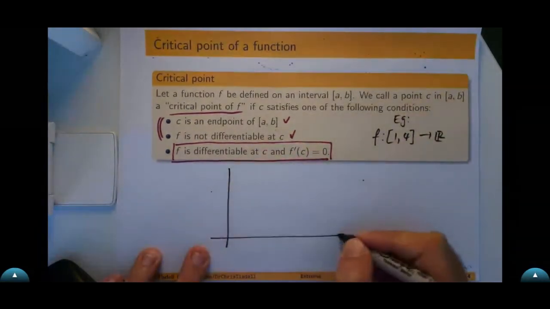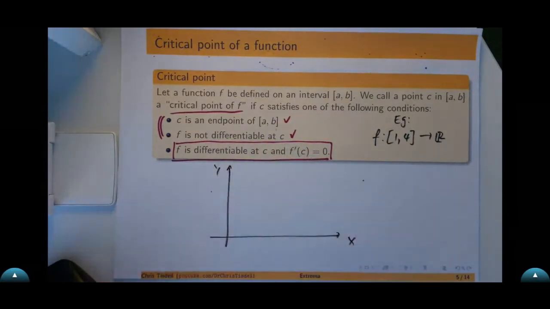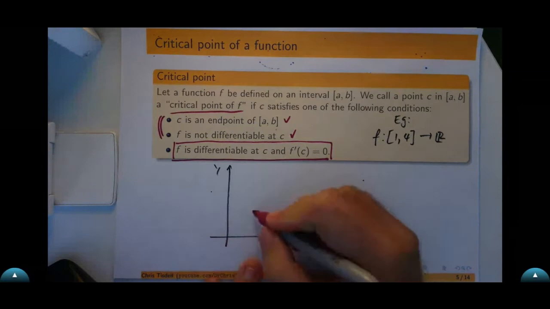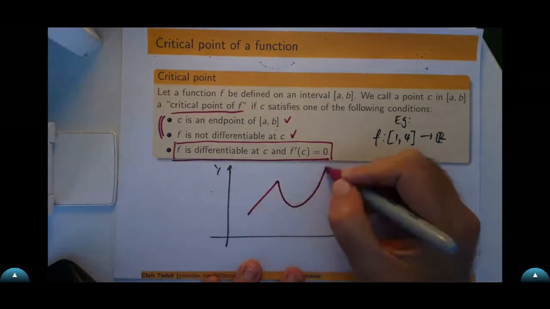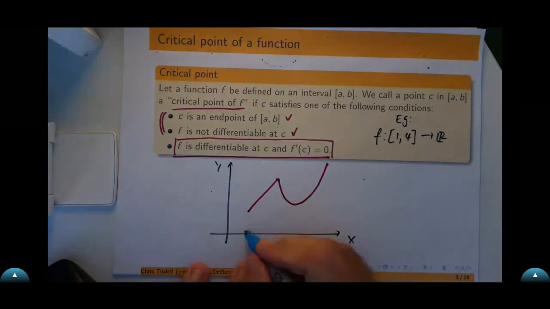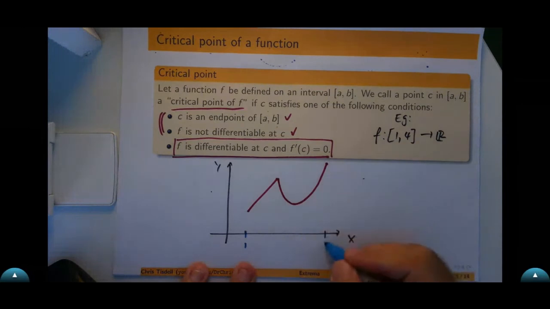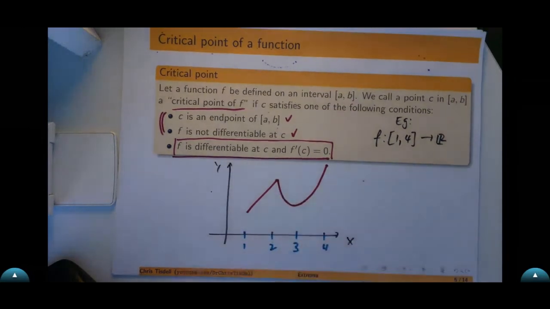Okay, so here are my axes, and I'm just going to draw in a function here. So let's say I go like this, and then this. Okay, and this might be the 0.1, this might be the 0.4, this will be the 0.3, and this will be the 0.2.